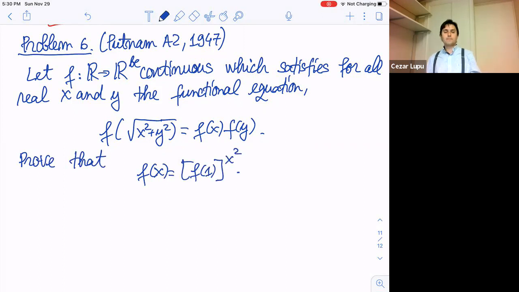I should have said a real valued continuous function satisfies this functional equation. But anyway, I'm sure you understand what the problem asks us, even though the statement doesn't quite make sense. All right. Well, this looks like a Cauchy functional equation, right?